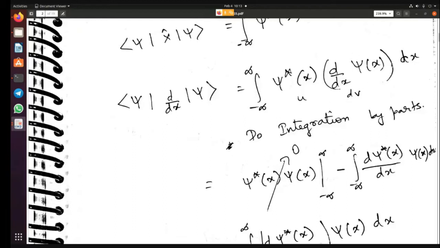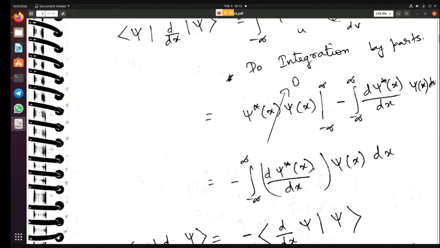Here you have to maintain the order, so this order is going to be important. You write du, which is d of psi star of x by dx, into v, where v is psi of x, dx.